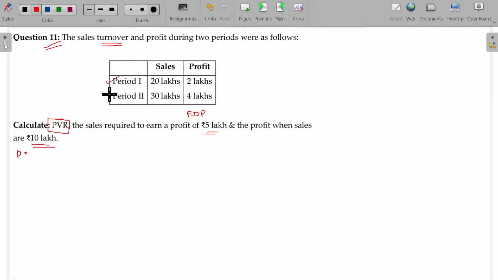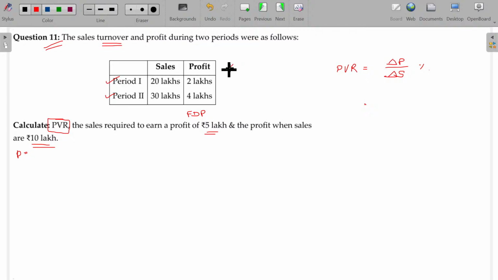You have been given period 1 and period 2 details for these two periods, and the information is sales and profit. So if two periods are given, PVR is equal to difference in profit divided by difference in sales, in percentage.